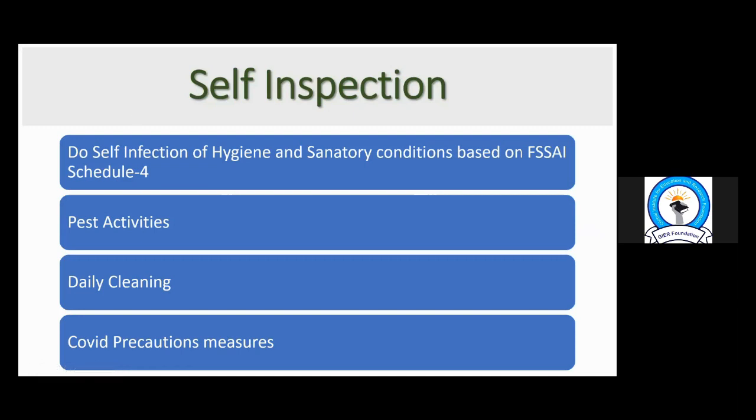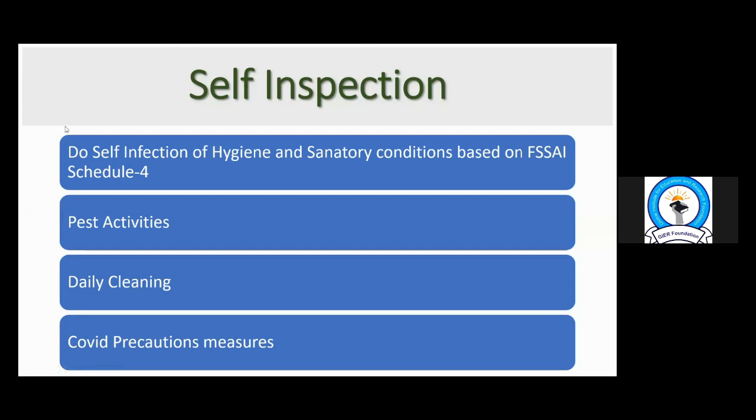And finally, you need to do certain inspection yourself. Please ensure that you do inspection of cleaning, hygiene, and sanitary condition. You inspect for pest activity, you inspect for daily cleaning, and if you have FSSAI schedule for inspection checklist, please see it and inspect it every 3 months.